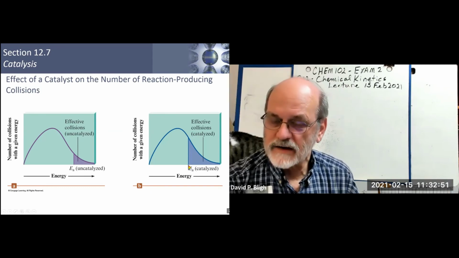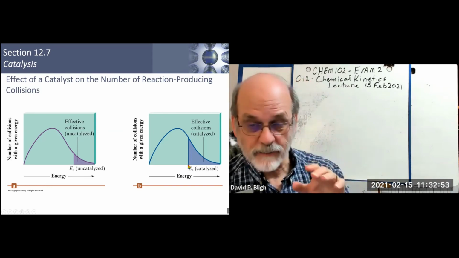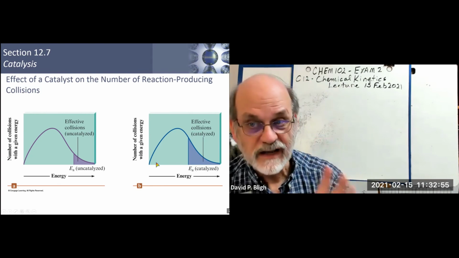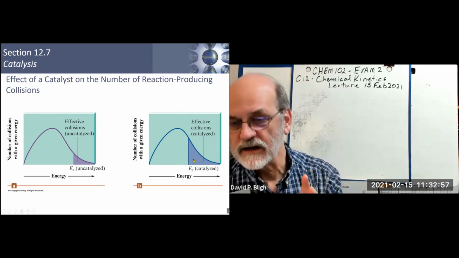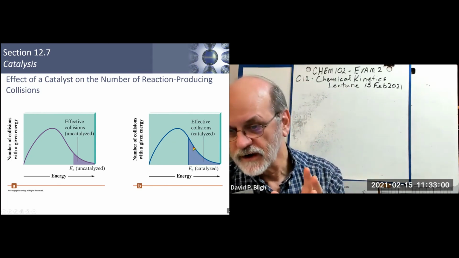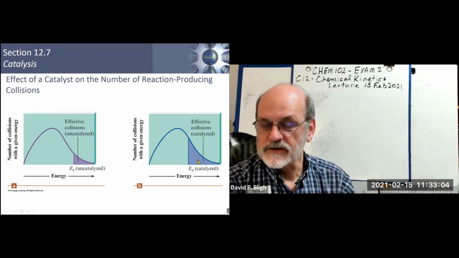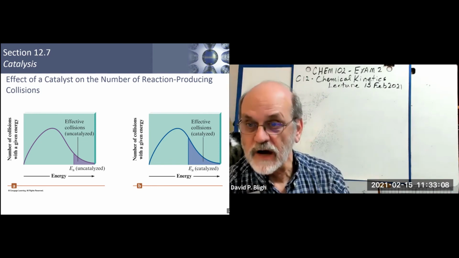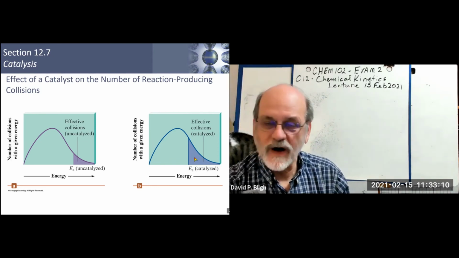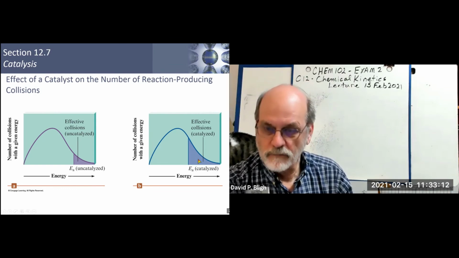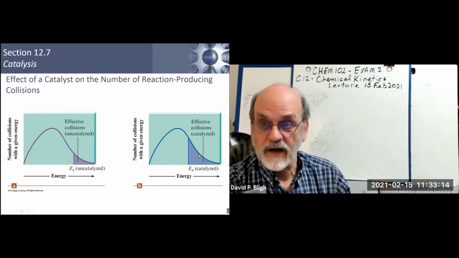And if you lower the activation energy at the same temperature and the same distribution of collisions, now more of the collisions under the curve meet the conditions of that new activation energy and will proceed to products. So that's why the reaction is faster. You have more collisions producing products.